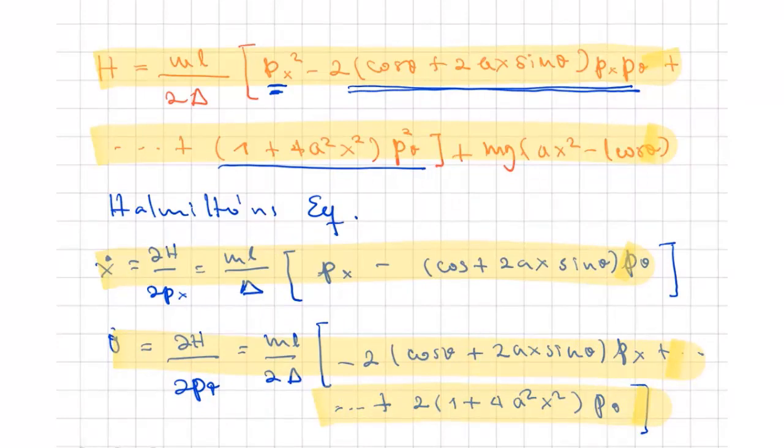All right, now we calculate these equations. Px dot is equal to minus dH/dx. Okay, and because it's too long, I'm going to indicate the equation but I won't calculate the derivative because it's really long.